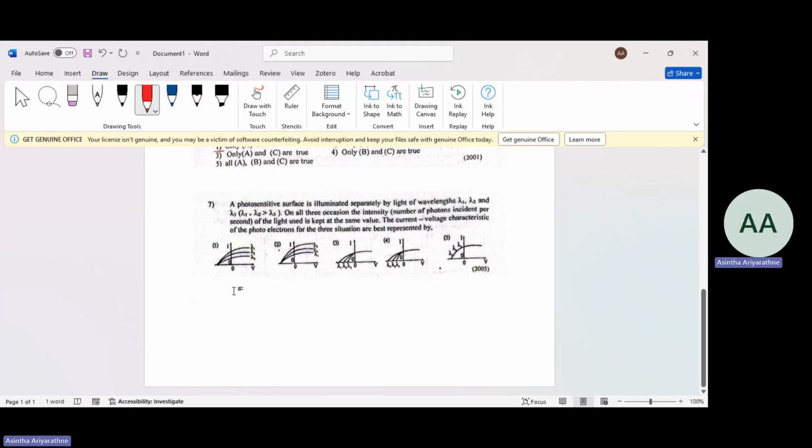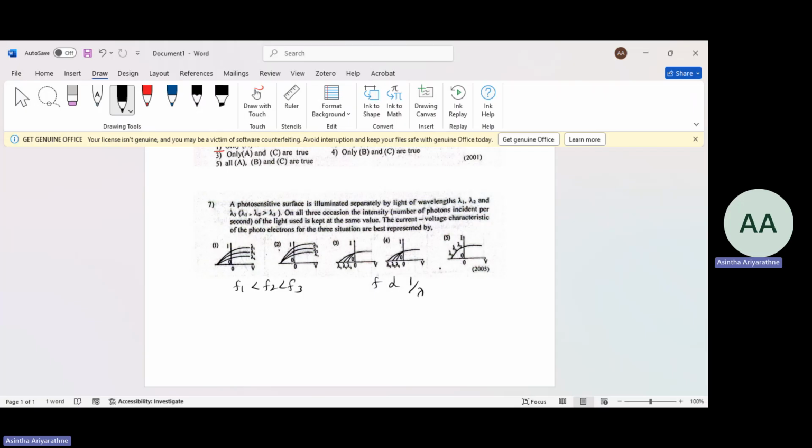A photosensitive surface is illuminated separately by light of wavelength lambda 1, lambda 2, and lambda 3. Lambda 1 is greater than lambda 2 and lambda 3. It means frequency is opposite, right? Frequency is inversely proportional to lambda, so 3 has the highest frequency. The intensity, the number of photons incident per second, is kept at the same value.